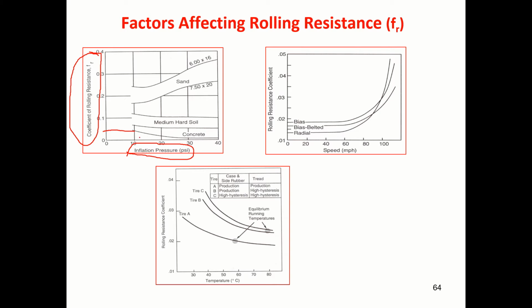As the inflation pressure increases, you can see that coefficient of rolling resistance decreases. At low inflation pressure, if the pressure is low on the ground, the wheel contact area will be more. Correct? Like this. But if the inflation pressure increases, the contact area decreases, and rolling resistance coefficient decreases.